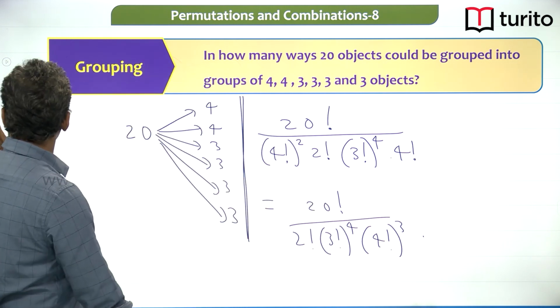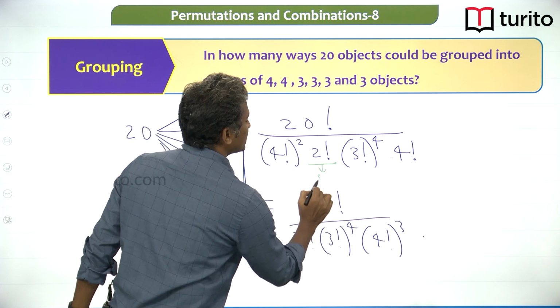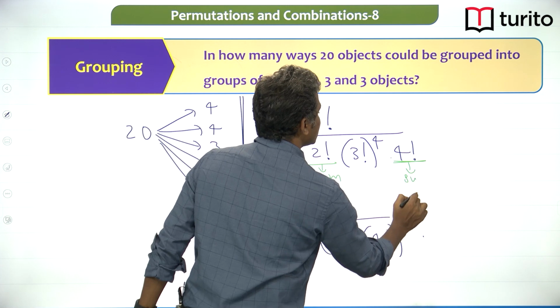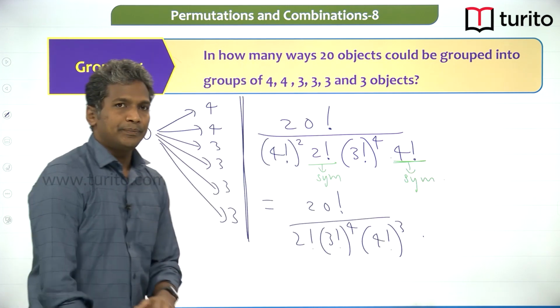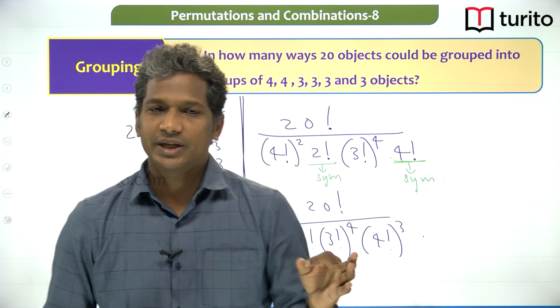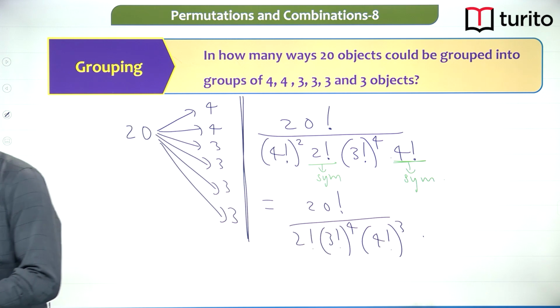So we can also say that this term represents symmetry and this term also represents symmetry. So this way we can understand grouping whenever the number of objects in the groups are same. Come on, make a note of this.